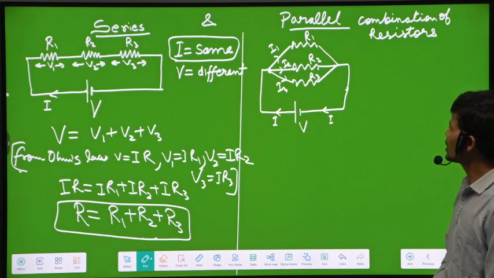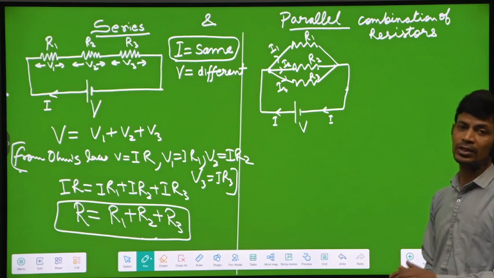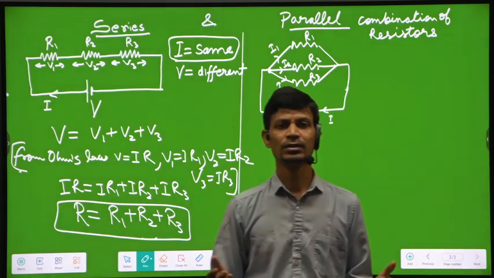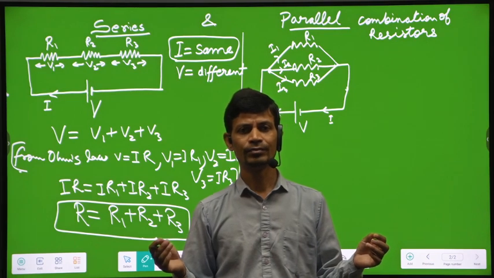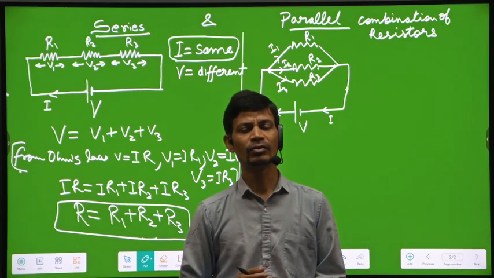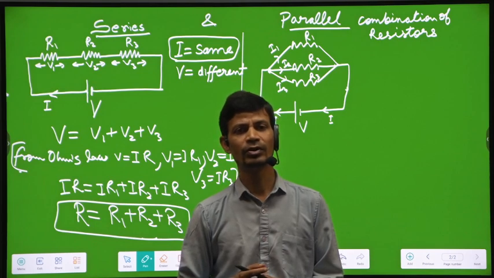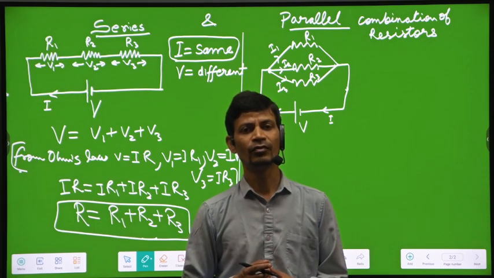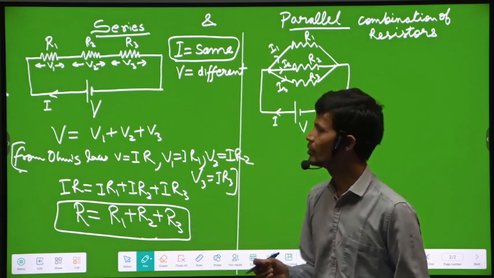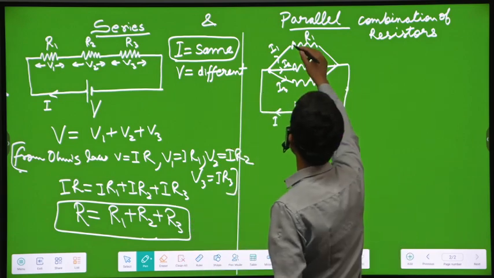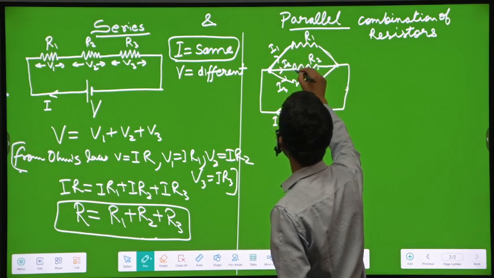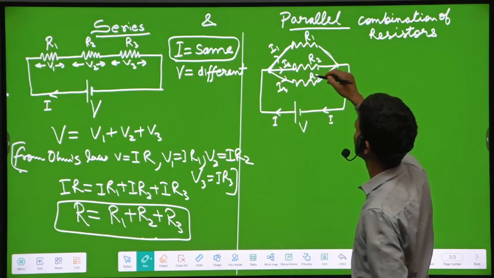So in this case, remember what is potential difference? According to definition, it is the amount of work done in moving unit positive test charge from one point to other point. It is between 2 points.